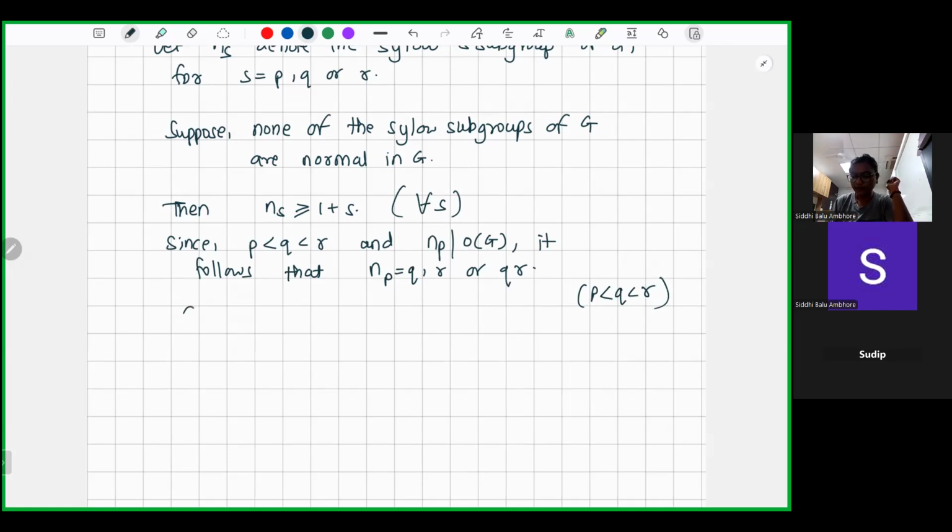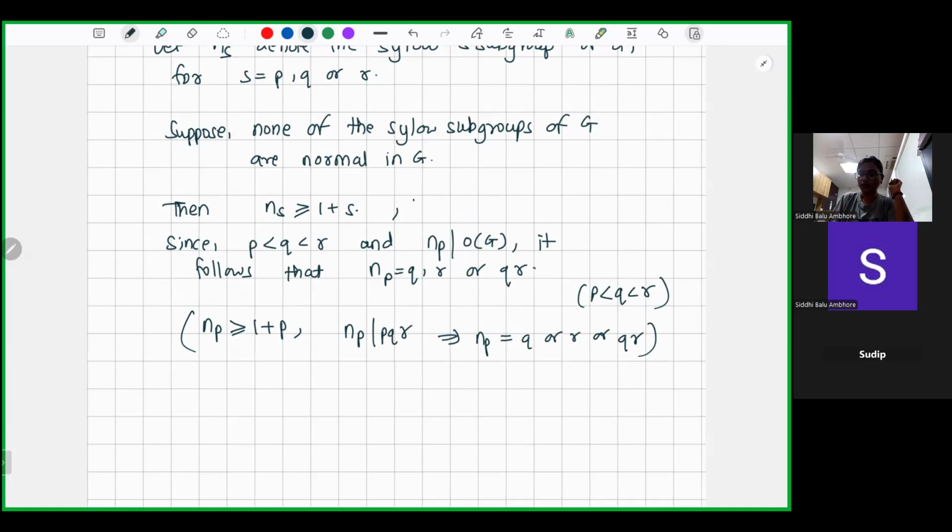So what is happening here? This is for all S. Then in case NP is greater than or equal to 1 plus P and NP divides PQR, the only possibilities for NP are Q or R or QR. This is what I'm trying to say here.